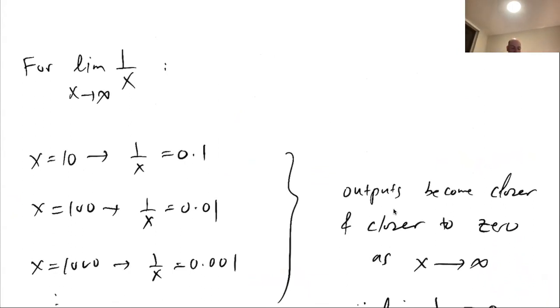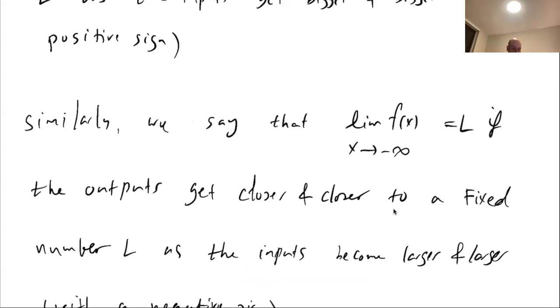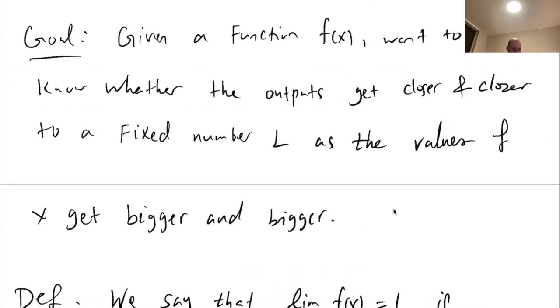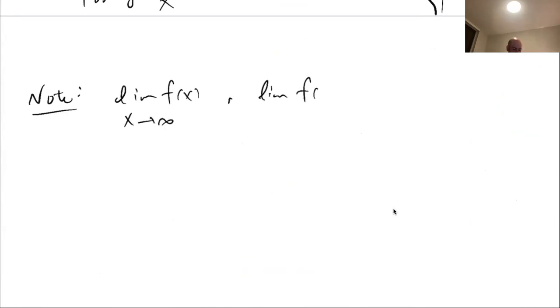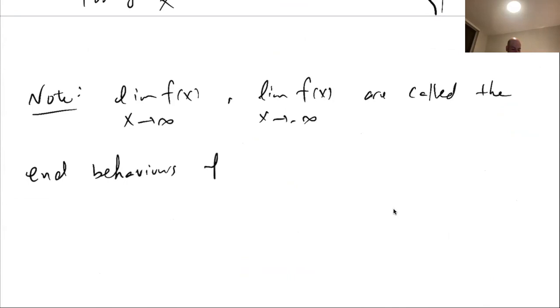Note that limit f of x as x approaches infinity and limit f of x as x approaches minus infinity are called the end behaviors of f of x, because there are two of them.